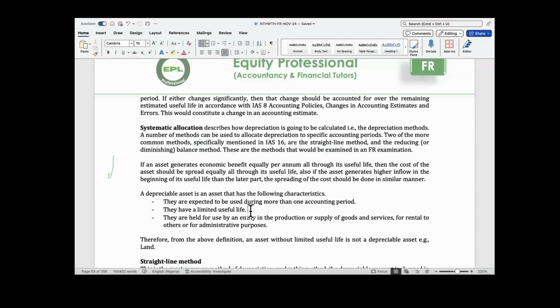There has to be an ending date. Otherwise, if it's to infinity, there is no way you can know how much you are putting to each year. So it's not a depreciable asset. Also, the asset must be held for the production or supply of goods or services, or for rental to others, and for administrative purposes. So that is a depreciable asset. They can ask you in the exam, so be ready for this.